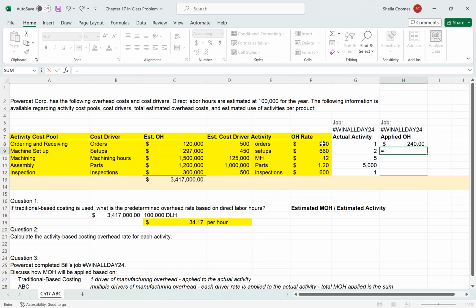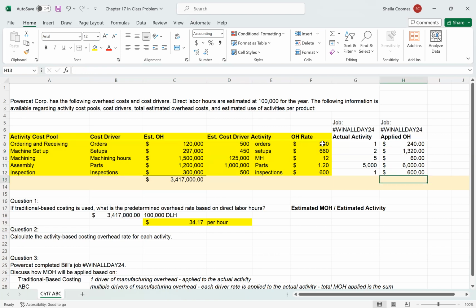Now here we have 2 setups as part of this order. I have 5 machining hours, 5,000 parts, and 1 inspection. So individually, I need to make sure I add these up because that would be my total overhead applied.